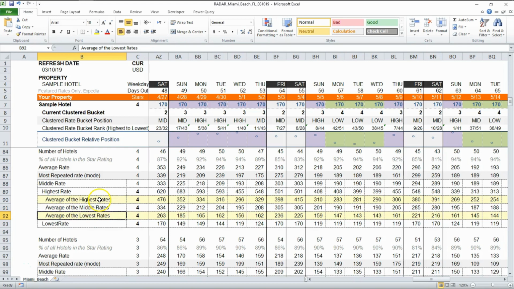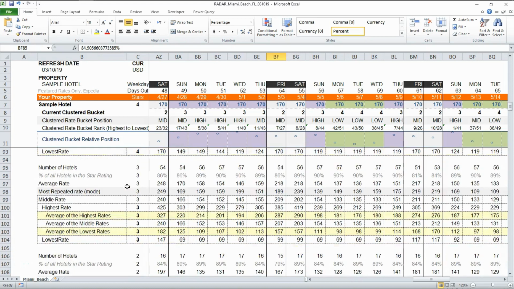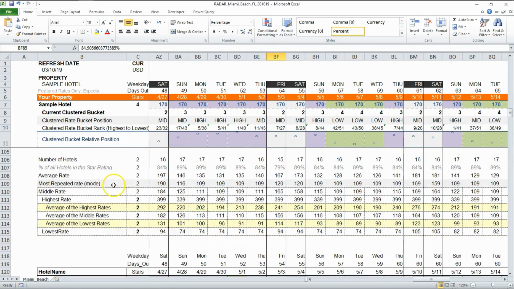So we have the average of the top third highest rates, the average of the middle third of the rates, and the average of the lowest third of the rates. For each star rating, we also have the count of the number of hotels that are displaying rates for that day, and we have the percentage represented by that count. As you can clearly see, all the measures are available for every star rating.